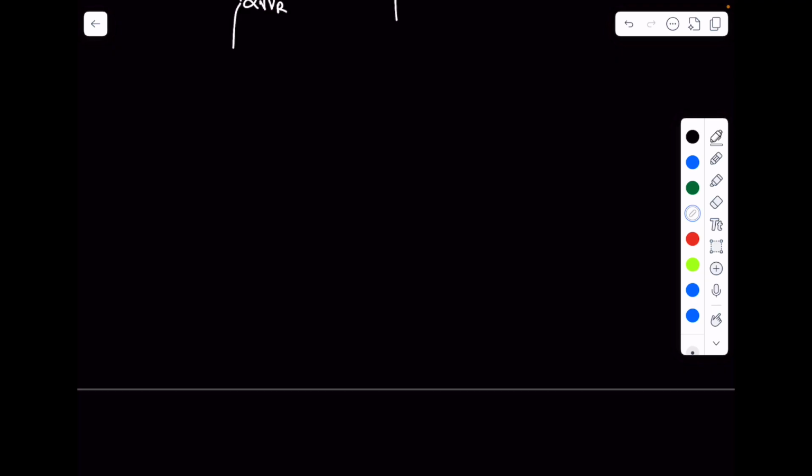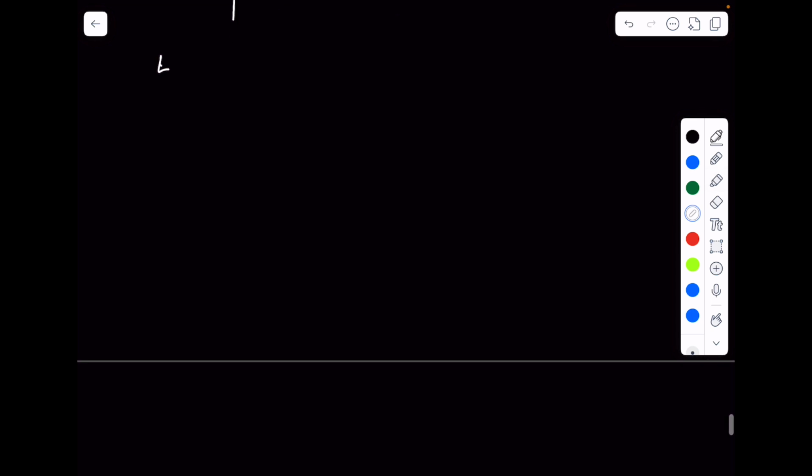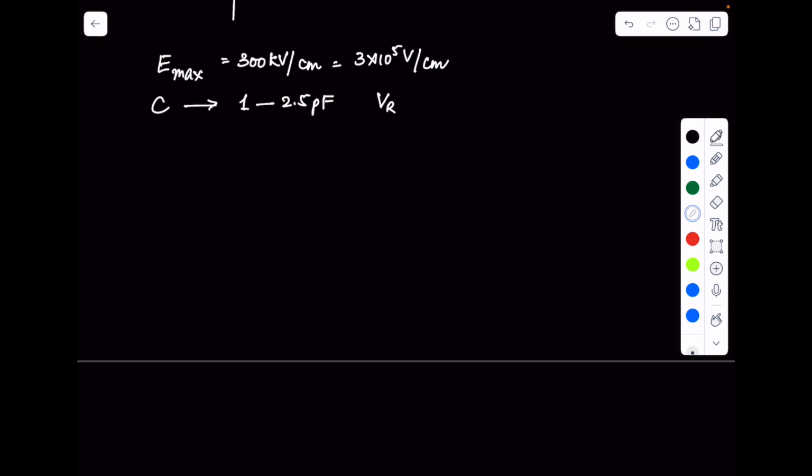So let's first write down what all it needs to have. The maximum electric field should be 300 kilovolt per centimeter, or 3 × 10^5 volt per centimeter. C should vary from 1 to 2.5 picofarads for a reverse bias varying from 0 to 5 volts.